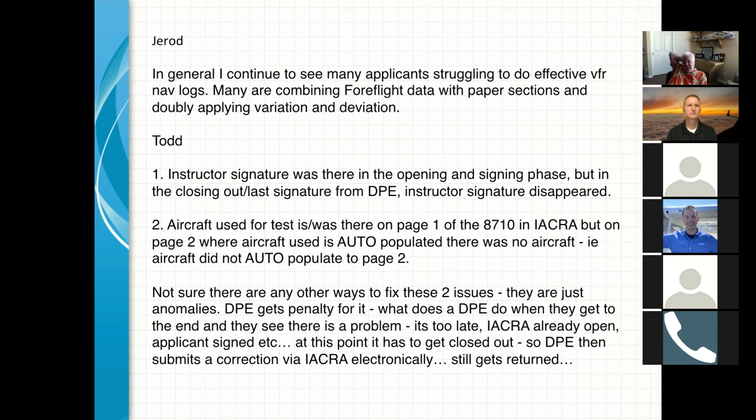He was basically just copying the data onto a nav log, not realizing that the variation was already put in there. But how's that been going for those of you out there from the DPE group on the nav logs?